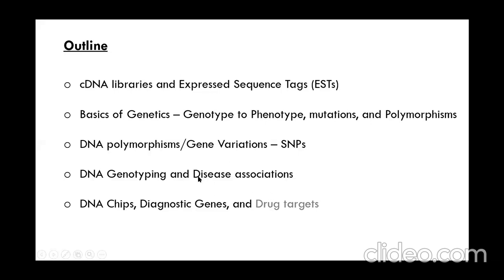For example, we look at a single polymorphism, comparing two individuals. But if we look population-wide, worldwide, different populations will have different polymorphisms and variants of SNPs, and these will associate with diseases. We call this genome-wide association with diseases, so we will study that concept.